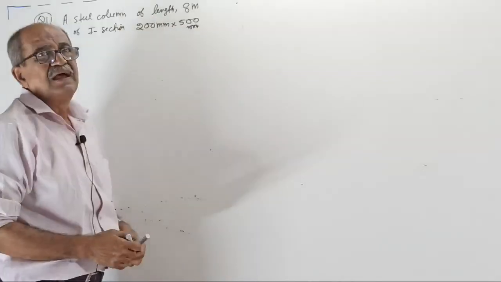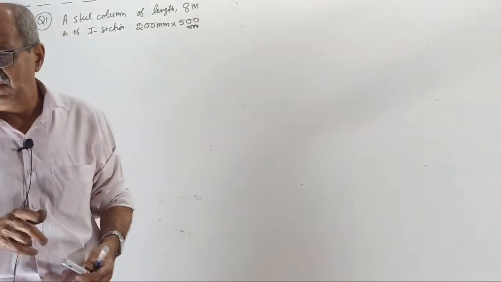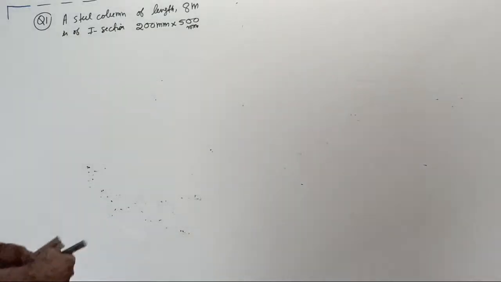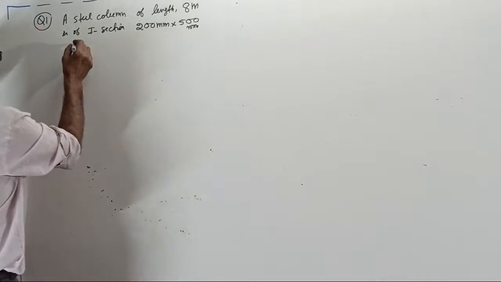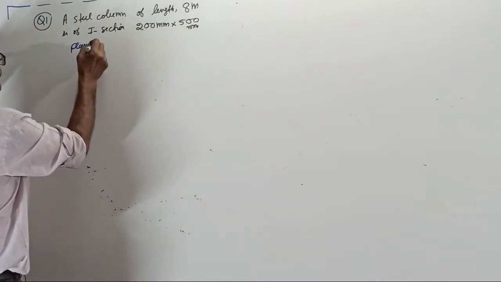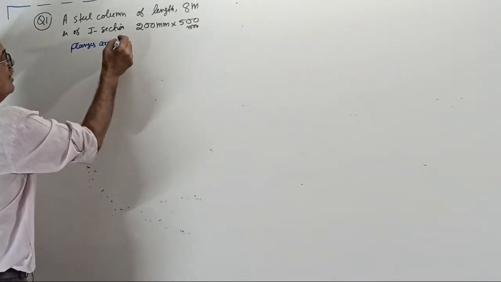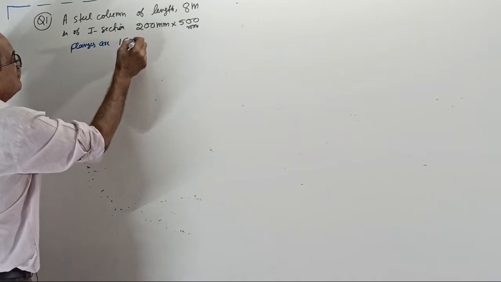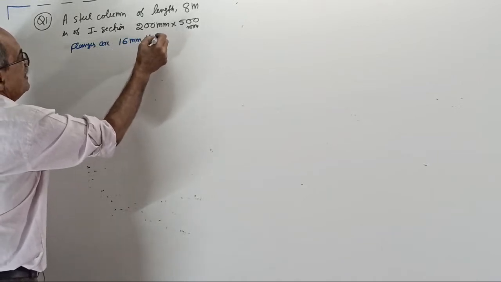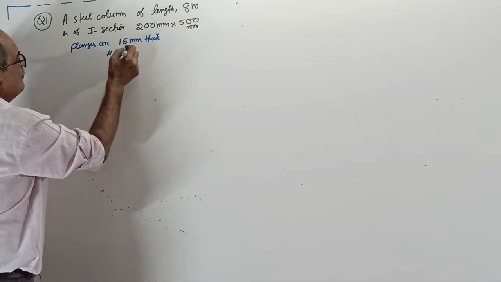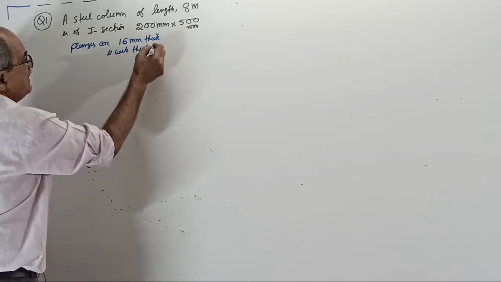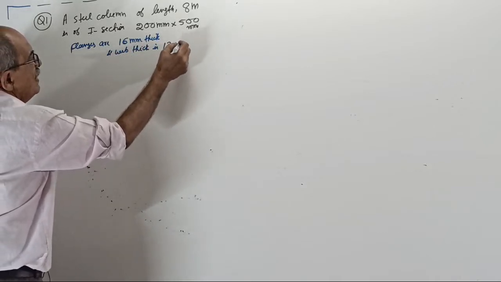Actually, I will tell this is very nearly equal to ISMB 500. But don't worry. Then flanges are 16 mm thick, and web thickness is 12 mm. This is a cross section.